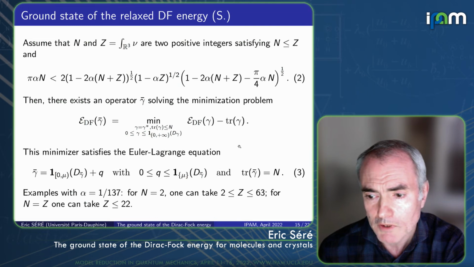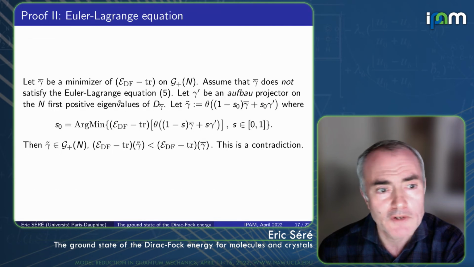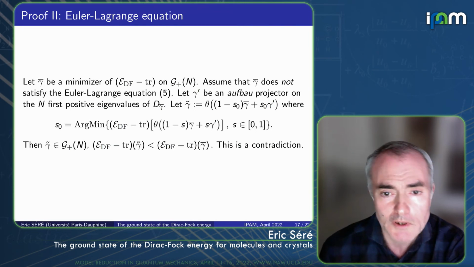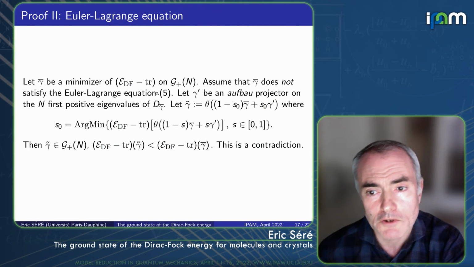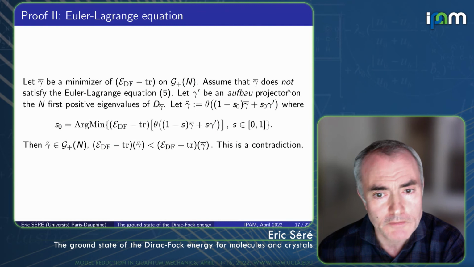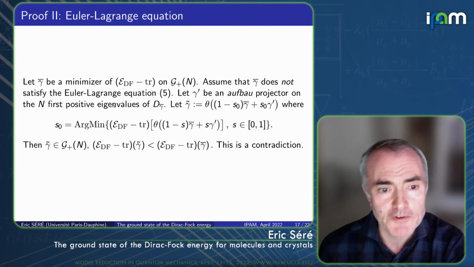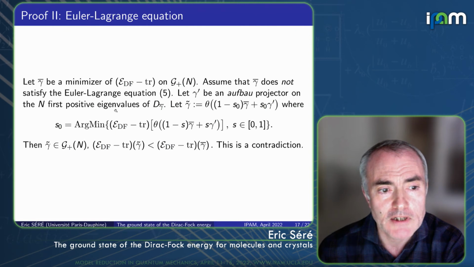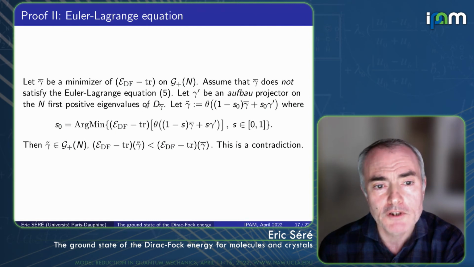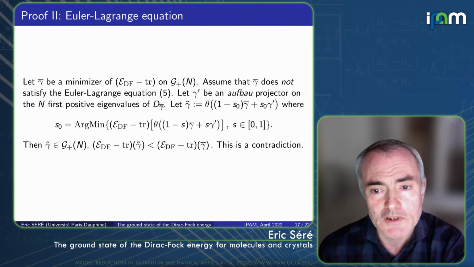Okay, and I don't know why it's written 5 here, but 5 has to be understood as 3 here. Okay, so assume it does not satisfy the Euler-Lagrange equation. Then you define the Aufbau projector on the n first positive eigenvectors, associated with the n first positive eigenvalues of the mean field operator associated with gamma bar.